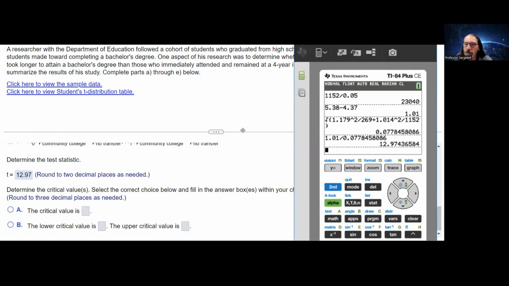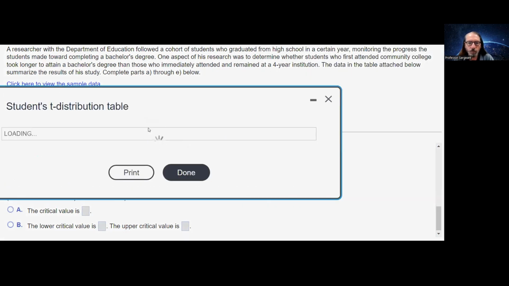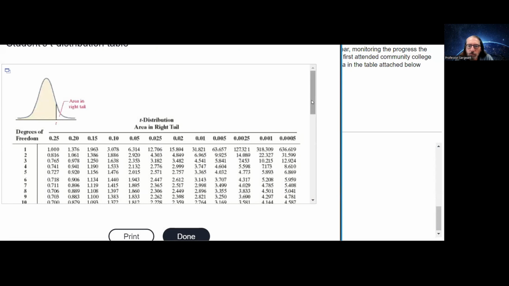We had 269 versus 1,152. If we take one less than each of those and then the minimum, that would be 268. But let's see here.